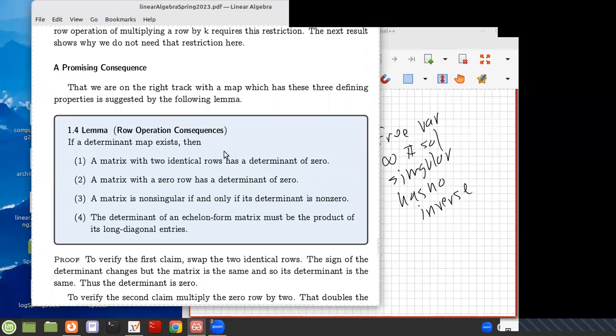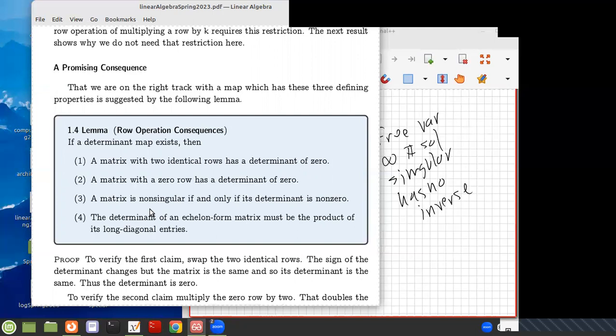So if two rows are identical, the determinant is 0. A matrix with a 0 row has a determinant of 0. A matrix is non-singular if and only if its determinant is non-zero. So what does non-singular mean? It means it's the matrix of a linear system with exactly one solution. If it's square, it has exactly one solution, all its variables are leading.